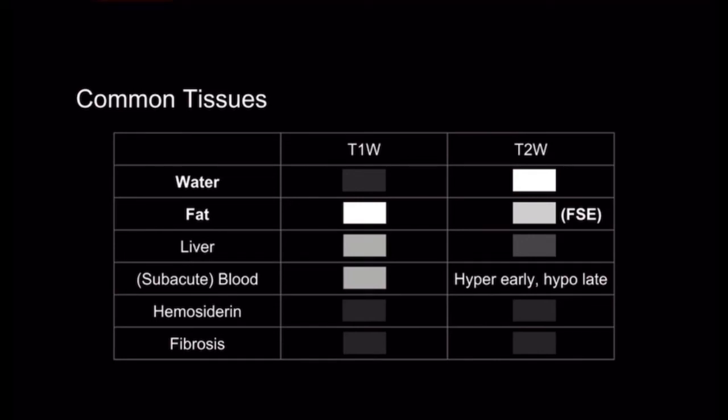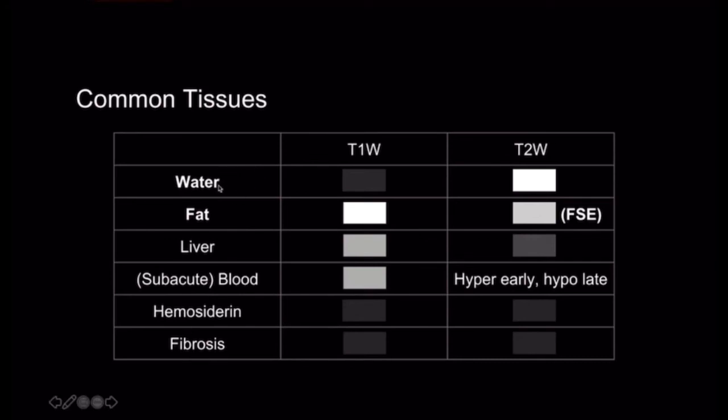In other tissues in the body, like the liver or the pancreas, we're not really dealing most of the time with pure water or pure fat. Instead, the hydrogen molecules in water and in fat, mostly water actually, are in an environment of other macromolecules. These macromolecules are going to affect the T1 and T2 relaxation times of the hydrogen molecules in the water in those tissues.